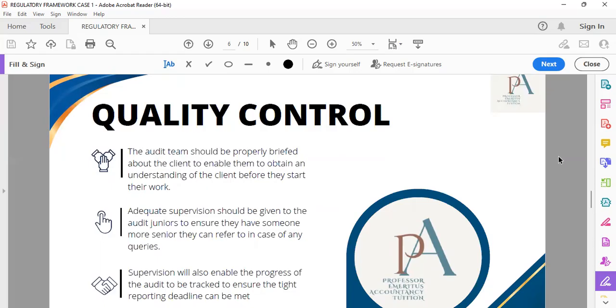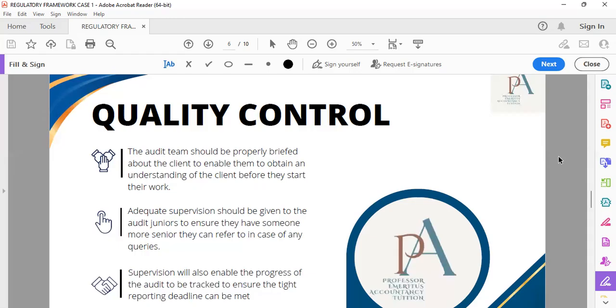So there's what we call obtaining an understanding of the client's business, whether new or old. Every time the audit team members are supposed to go out for an audit, they need to be briefed.